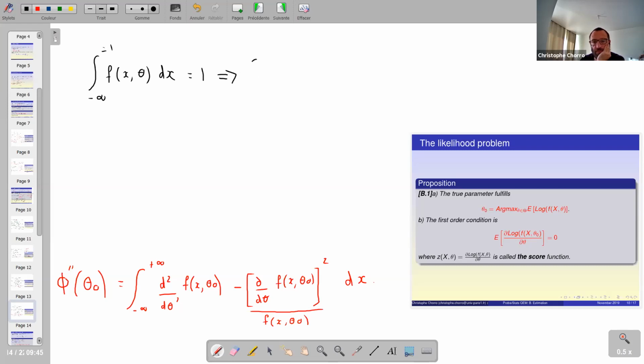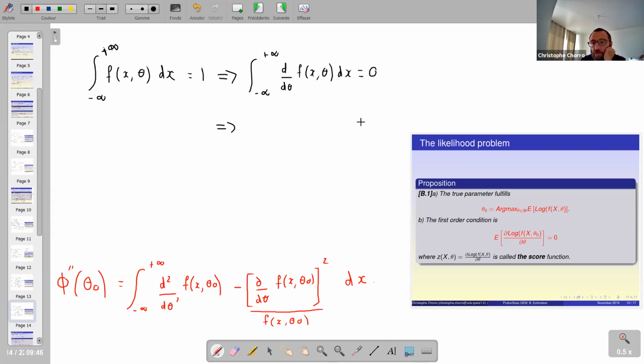So if you compute the derivative of this relation with respect to theta, I obtain this. Just computing the derivative, it's something that I have already used.